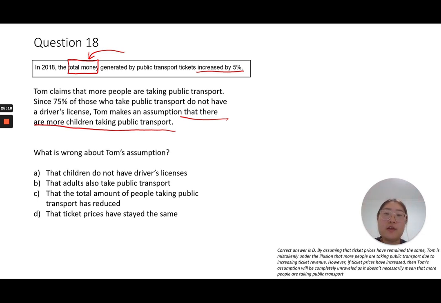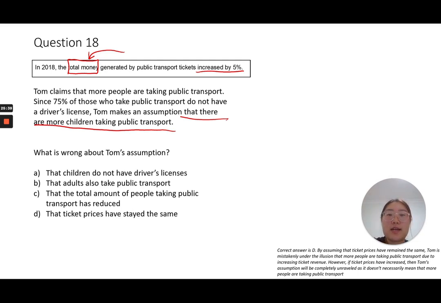A very possible reason for that increase is a thing called inflation or price raise, okay? They might have increased the ticket prices, and that's why the total money generated, or the total revenue, has increased altogether.